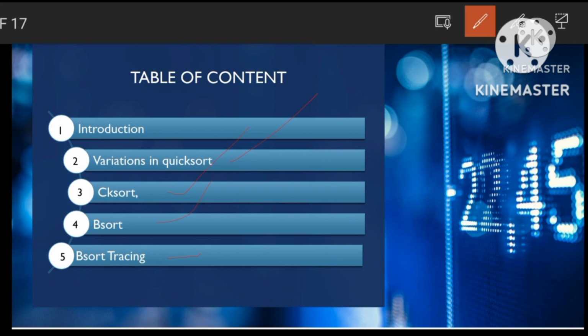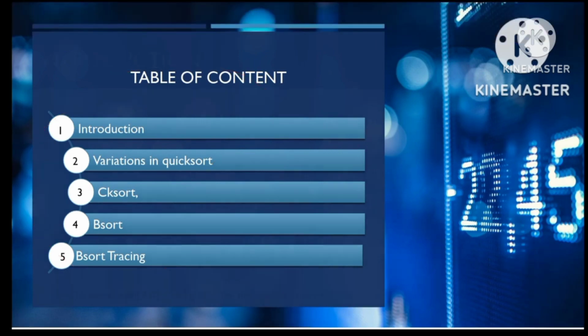B sort is an important variation of quicksort, and we will discuss it briefly, with variations, tracing and graphs, so that we can understand its time complexities and how it differs from quicksort. This is the table of contents for this tech talk. Let me go to the further slides.